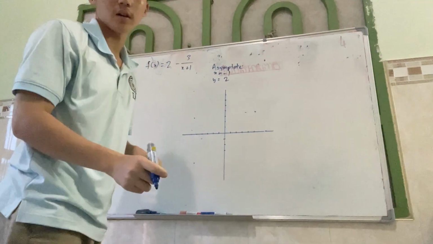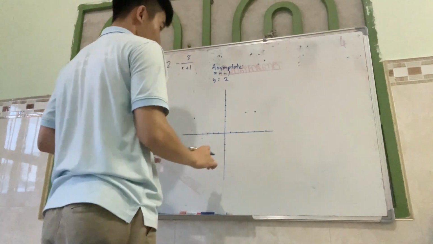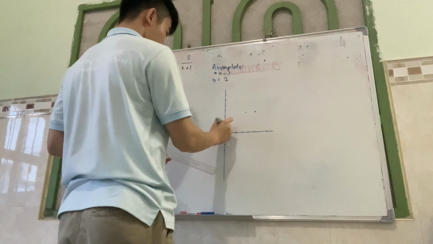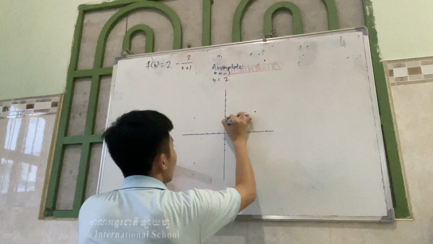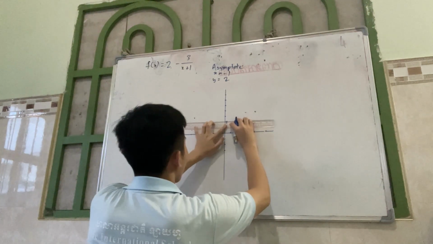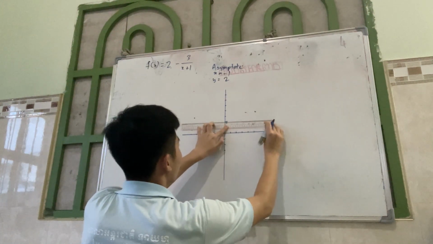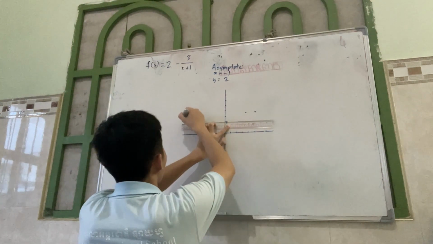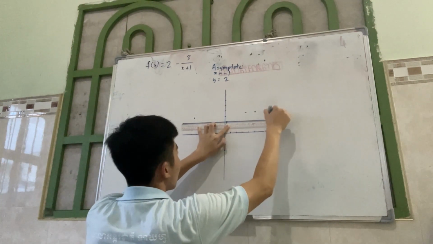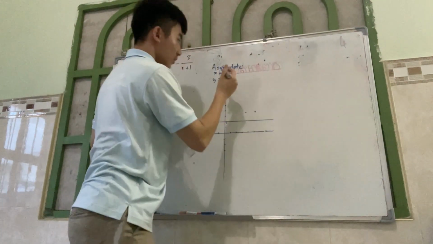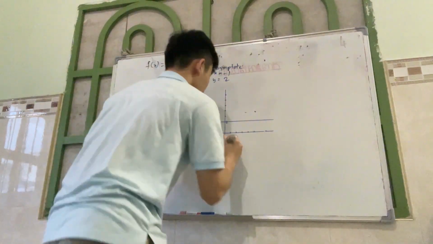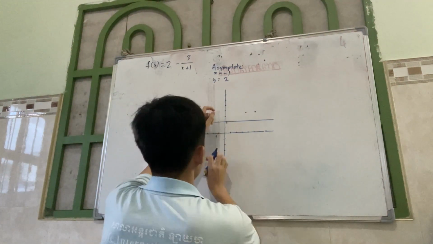So we'll draw our asymptotes first. Y is 2, so the graph cannot pass through 2. And then x is equal to negative 1, which is here.